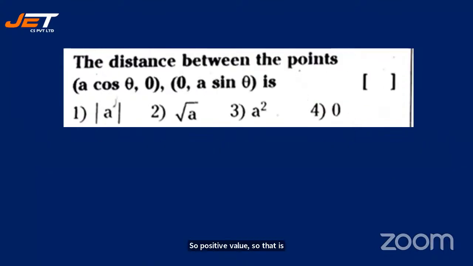Next, the distance between the points a cos theta, comma 0, and 0, comma a sin theta is dash. Yes, please work out and give me the answers. I'm waiting for your answers.